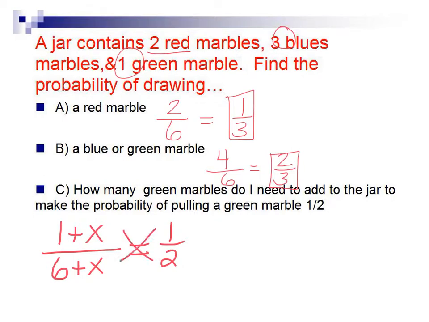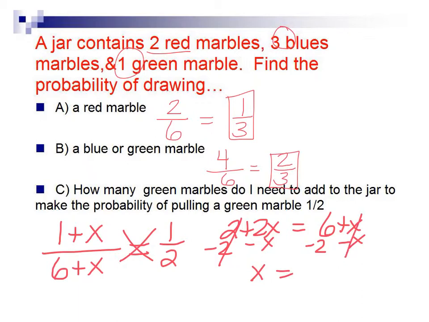If you do your cross products, you end up with 2 plus 2x, just distributing my 2 there, equals 1 times 6 plus x. Let's get our x's together on one side, our numbers together on the other side, and you end up with x equals 4. So we would need to add 4 green marbles.